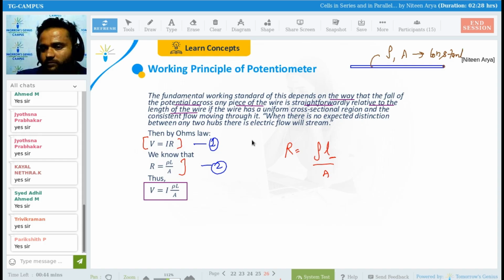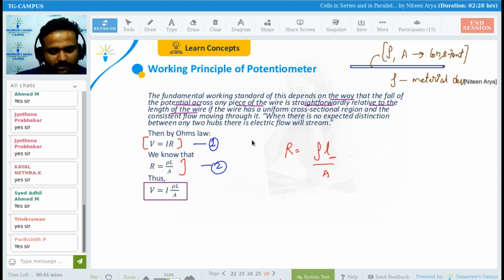Is this clear? Because we already chose the material, and this is material dependent, and this area is radius dependent.